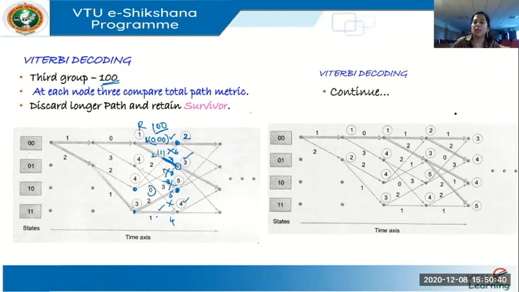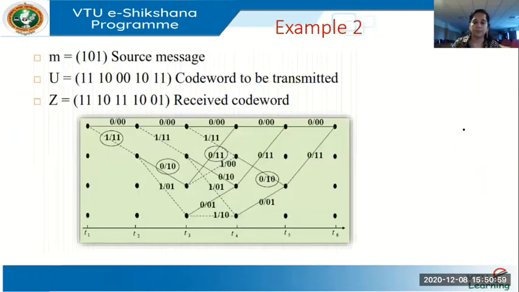Likewise, if some more data is received, we are going to continue tracing the survivor paths in each step. Here we have received only 9 bits of data and we computed. If we receive the next 3 bits, we'll go on to the next time state. So this is how we compute.